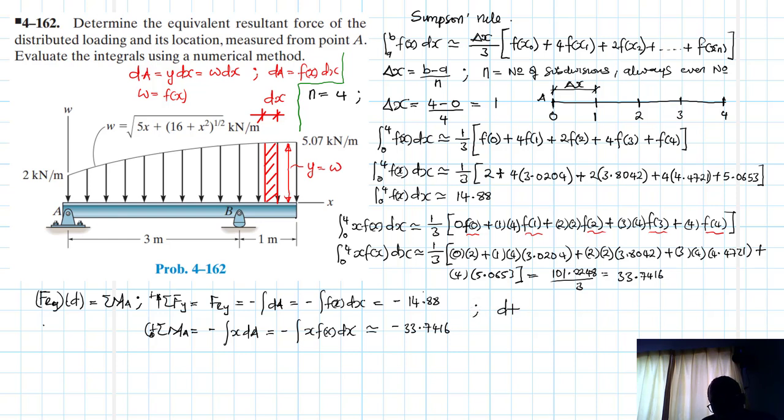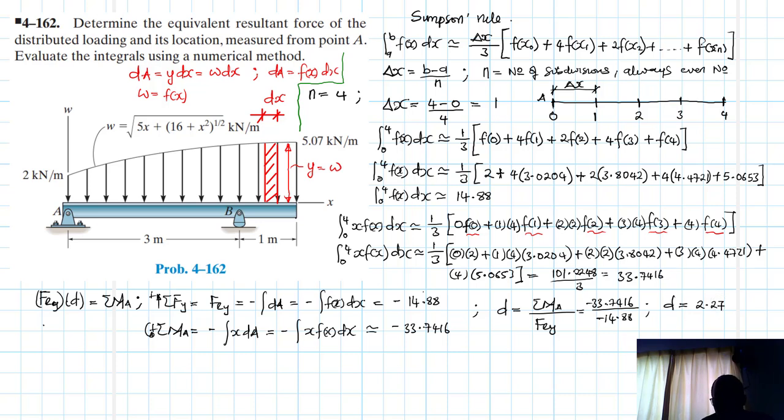Then d therefore is just going to be equal to the summation of moments about point A divided by FRY, which is just equal to 33.7416 divided by 14.88. Let me just calculate. This gives us 2.27.